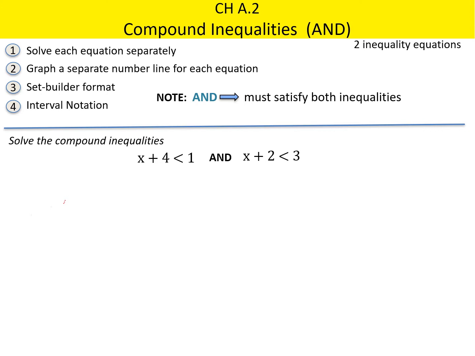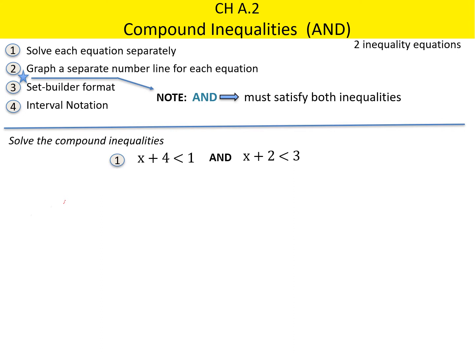The only difference that we're going to have between step 2 and 3 is that we must make sure our answer satisfies both equations. And we decide this by looking at both of the number lines and comparing them. If this procedure, 1 through 4, is not familiar for you, please watch the video titled Single Inequalities.